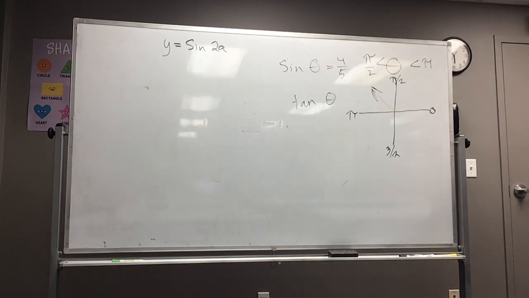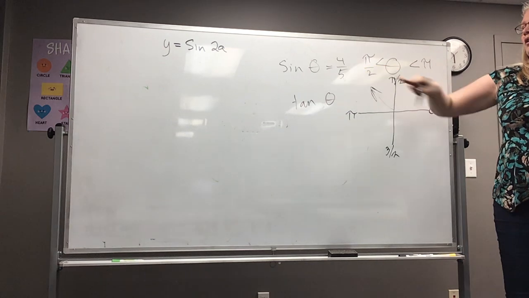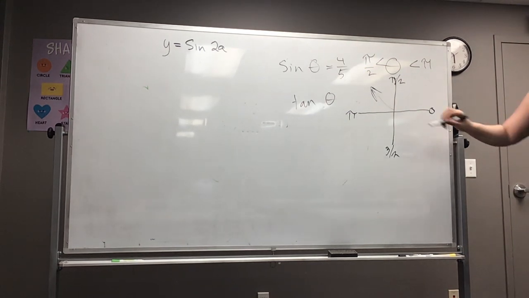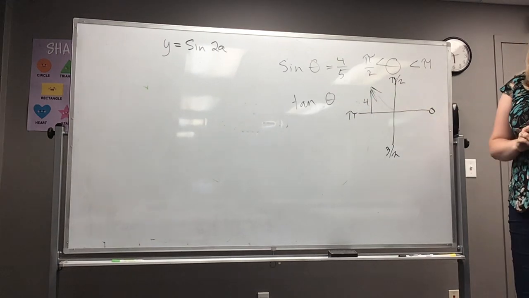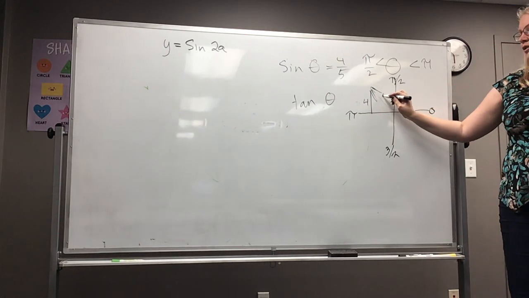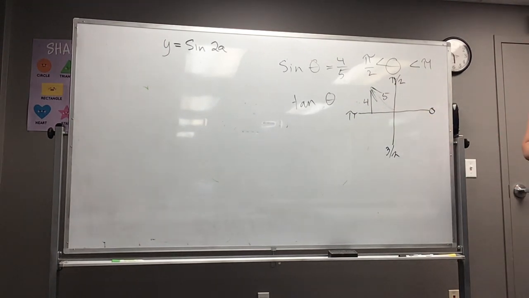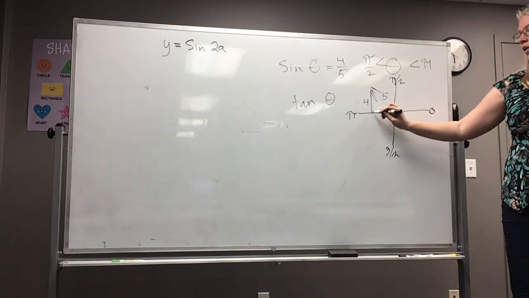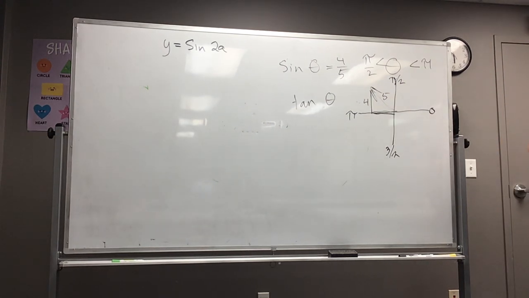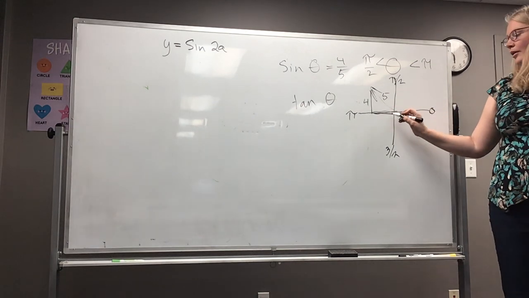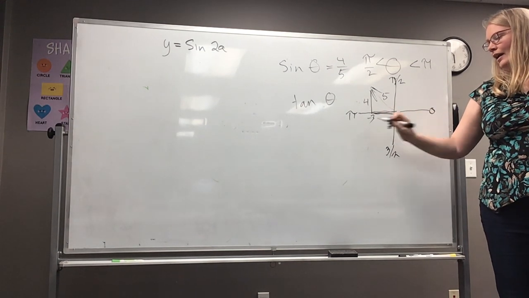And they told us that the sine was 4/5, so our opposite is the 4, and our hypotenuse is the 5. Working with this triangle, what's this other length going to be? -3. 3 length, but -3 as a coordinate.